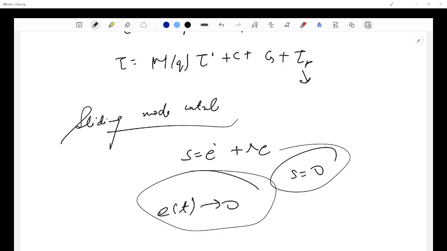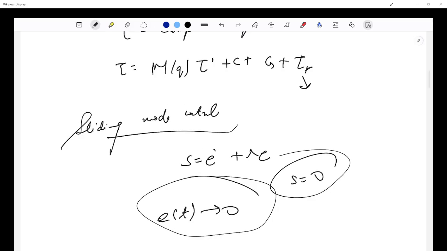Model-based control cancels non-linearities, adaptive control handles unknown parameters, and robust or sliding mode control handles disturbances. Together these form the foundation of modern robot control. I hope things are clear. I've given you a brief recap of all of these.